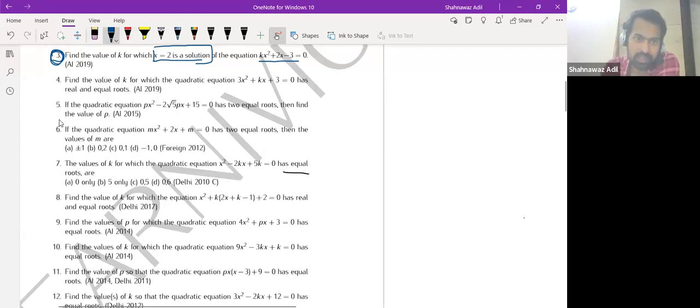So this fifth one, guys. You guys solve this fifth problem and then we'll do this eighth one. Okay, so you guys first do this fifth one and then we'll talk about the next question.